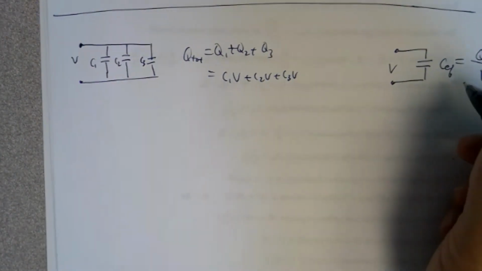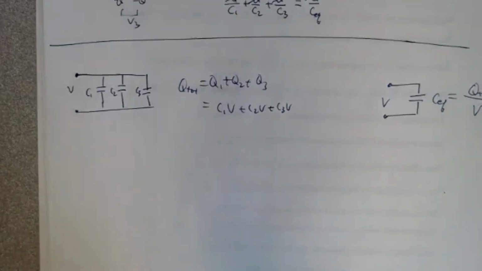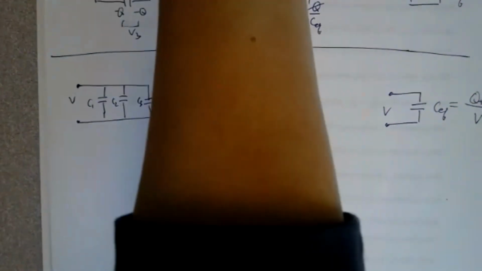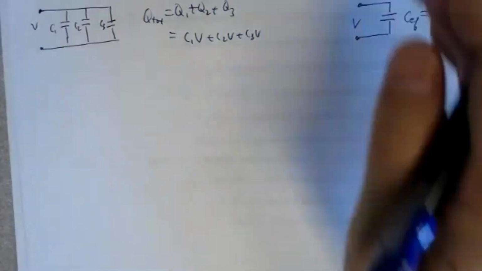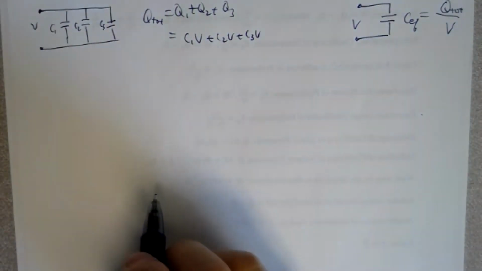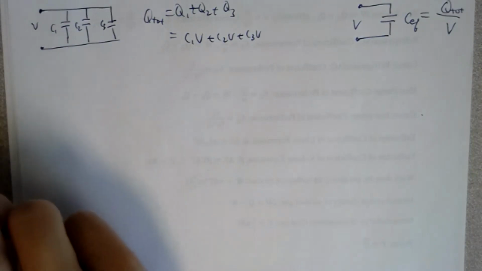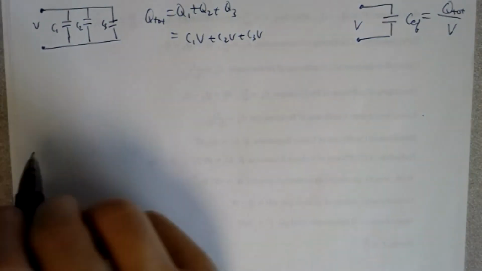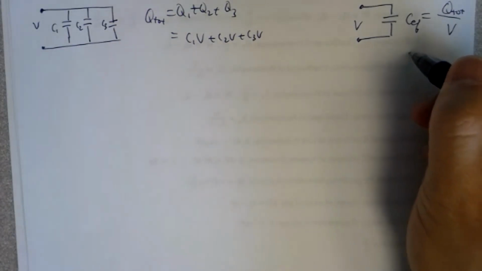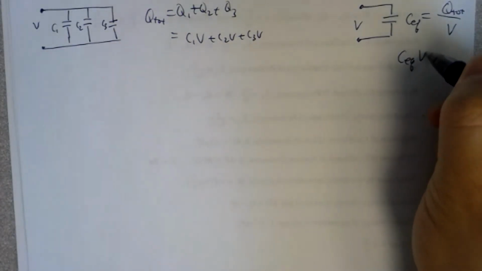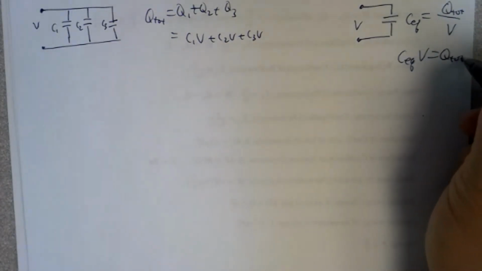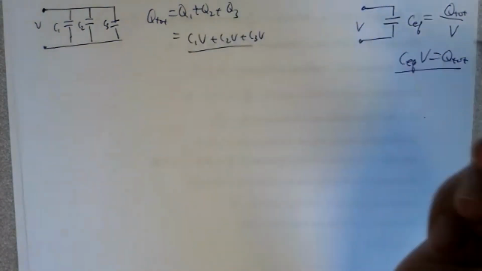So CEQ is Q total over V, so Q total can be CEQ times V. Q total is this, and Q total is also that.